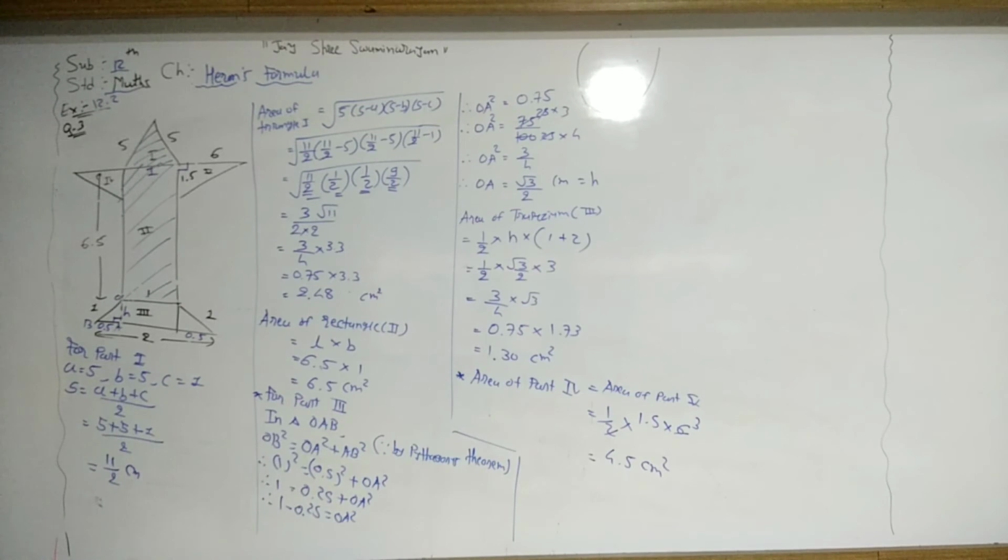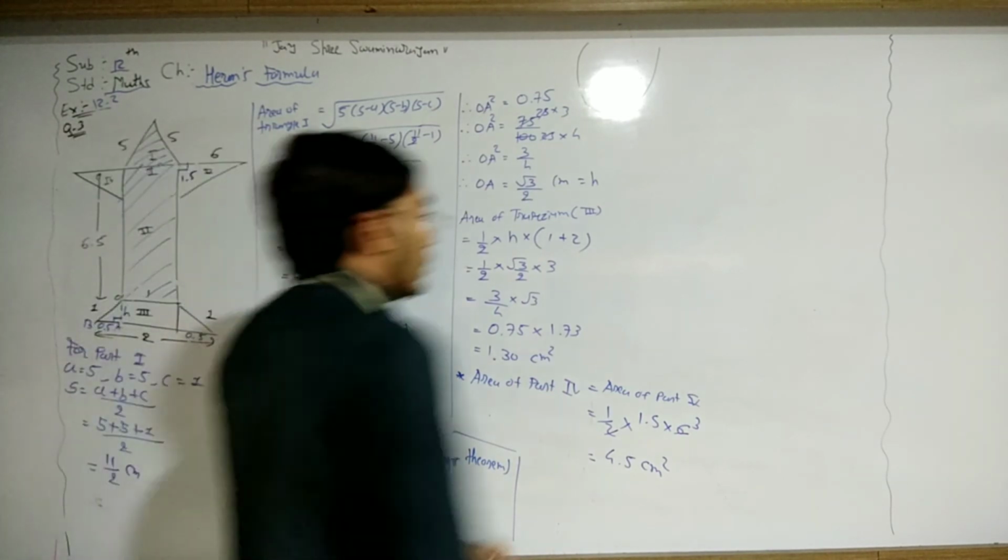So students, right now we have the area of all the parts, part 1, 2, 3, 4, 5. So finally we need to find the area of this aeroplane, otherwise the area of the paper.